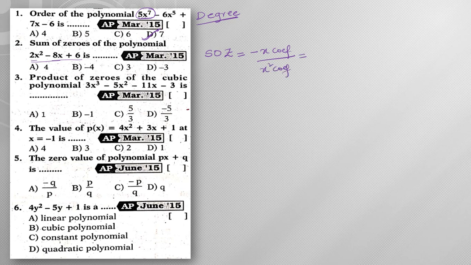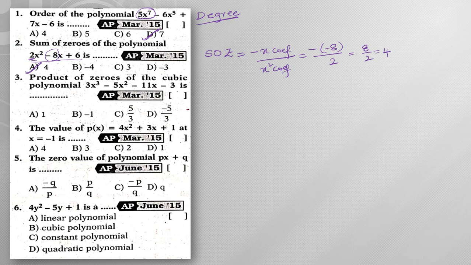What is the x coefficient here? It is minus 8. Already we are having minus, so minus of minus 8 divided by the x square coefficient, which is 2. Minus of minus 8 is plus 8. Plus 8 divided by 2 is 4. Hence the answer is option A.